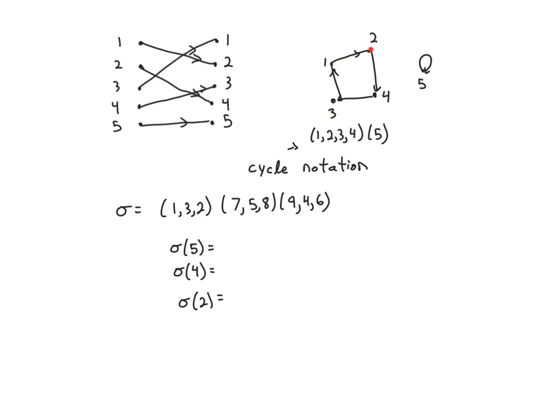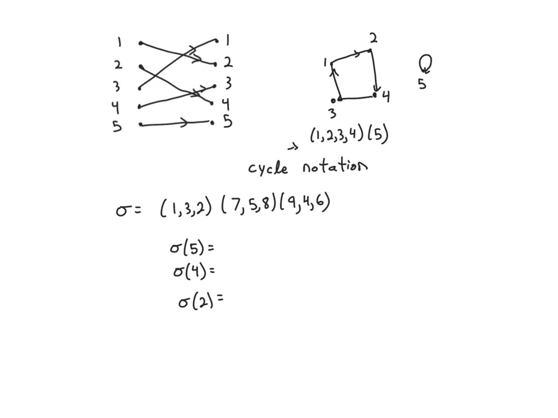We write the elements on a cycle in clockwise order, following the directions of the arrows. So 1, 2, 4, 3, those are the vertices of the cycle when you follow the arrows. To indicate that this forms a cycle, we close this off with parentheses. Then the other cycle by itself gets its own set of parentheses. And so this is called the cycle notation.